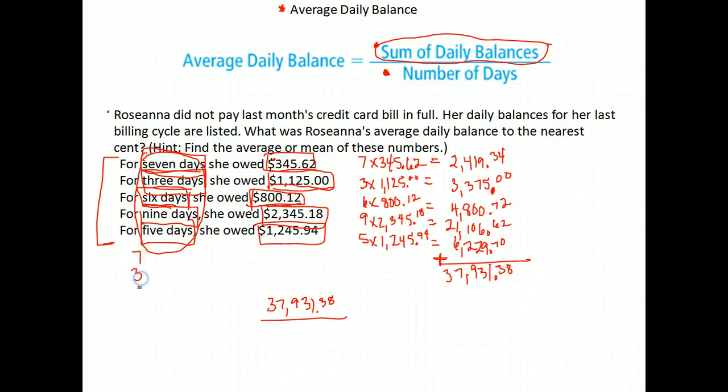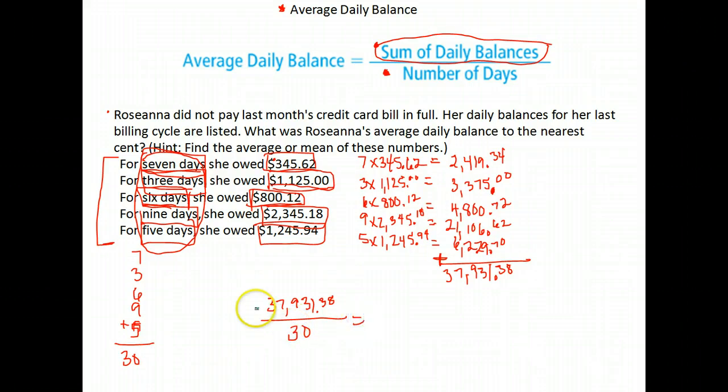So I'm going to add 7, 3, 6, 9, and 5, because those were my individual number of days. Okay, looks like 30 days there.